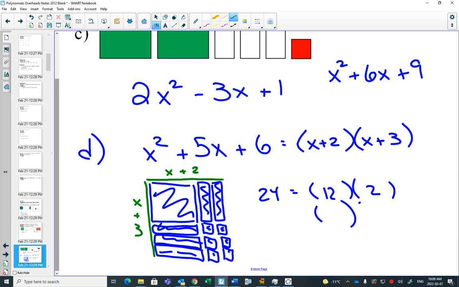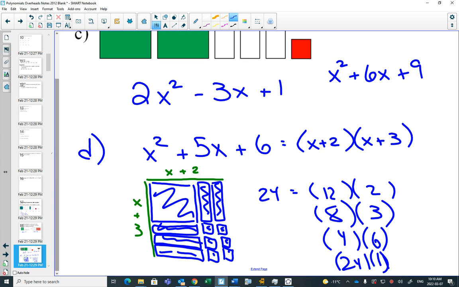No. What else could it be? 8 times 3. Good. And then 4 and 6. Is that all of them? It could be decimals, right? But is that all the whole numbers? 24 and 1. Nice. The easiest one is always the hardest one to find.